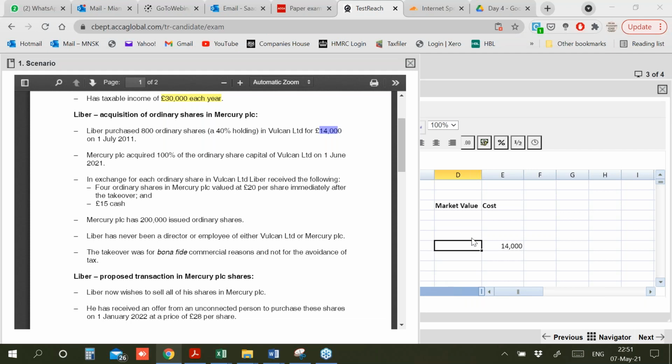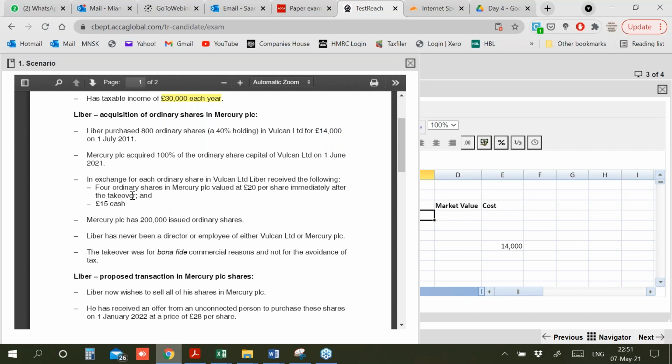Every time you do takeover calculations, always write the total cost first, which we are going to split. After that, you have to see how many shares you have received in return as a result of the takeover, and how much cash you have received. You first have to calculate that after writing the total cost.